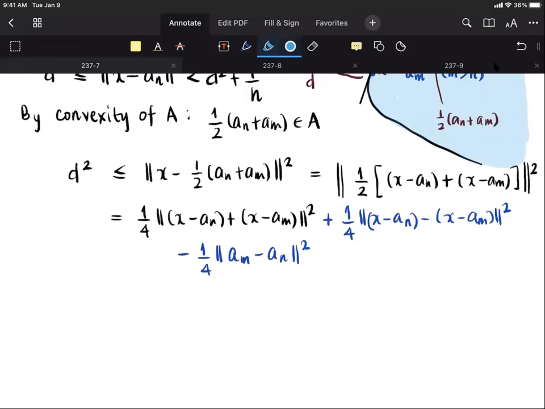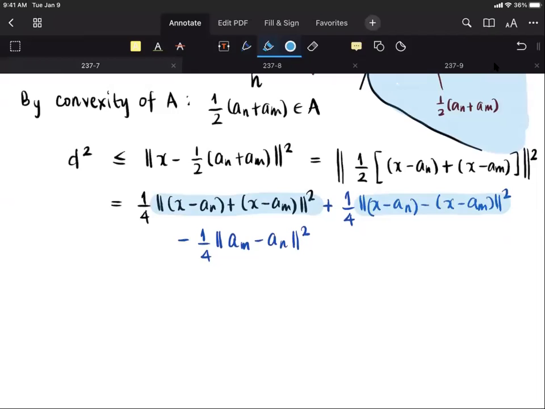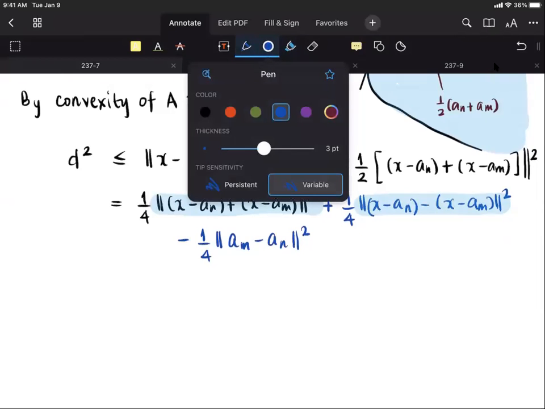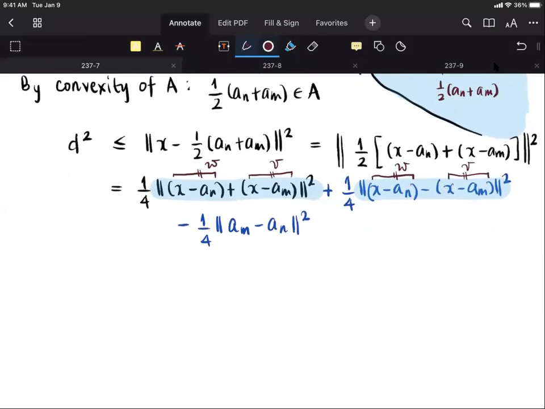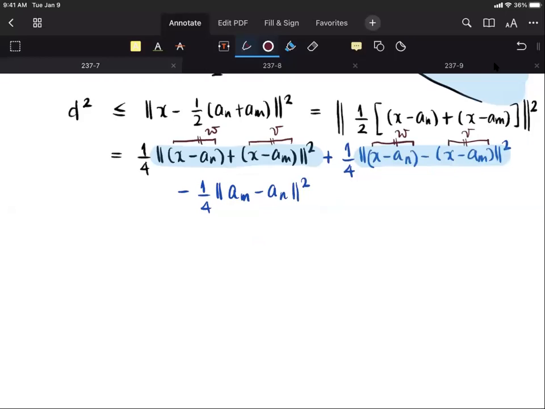Okay, now concentrating on these 2 terms here, after factoring 1/4, let this be W, and then this be V, this is also W, this is also V. Take note that the shaded terms are basically this sum of norm squared.